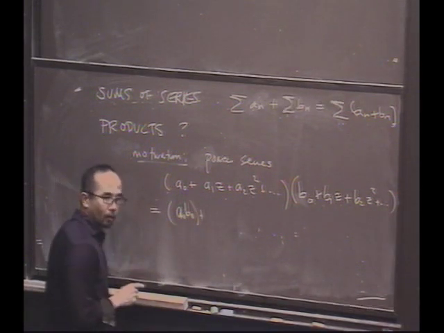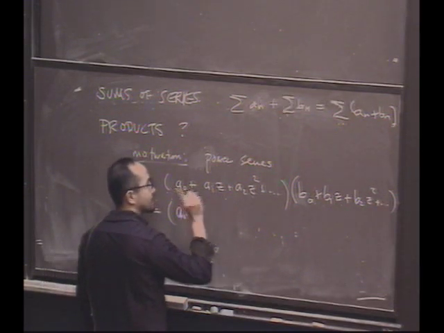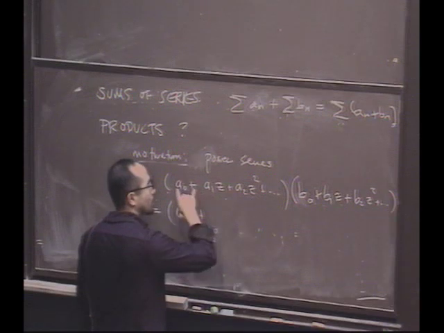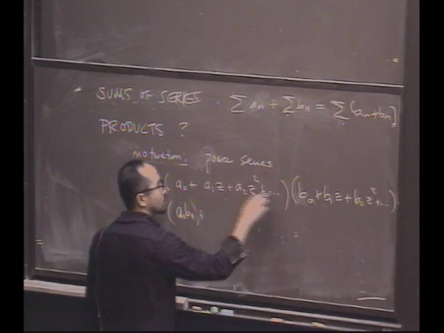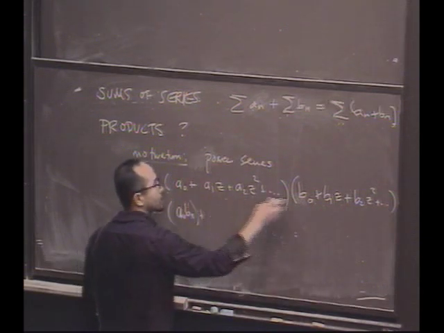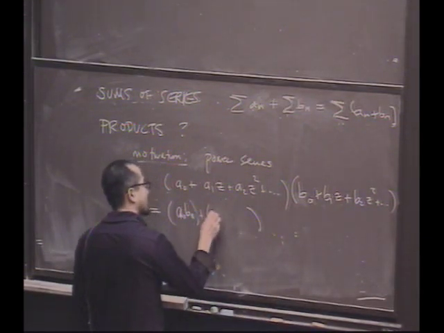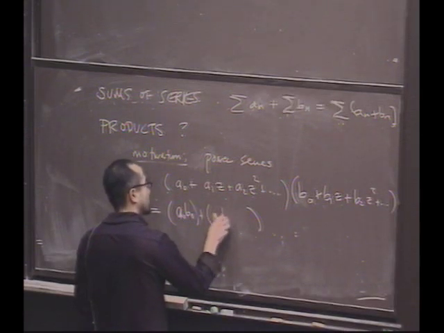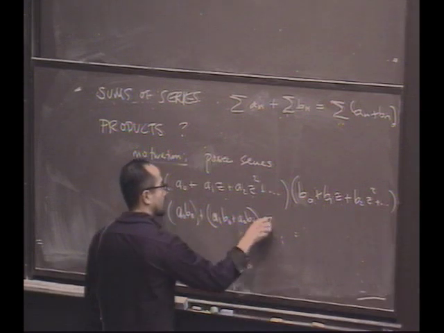What's the second term? It has a single z in it, right? So it comes from a term here and a term here. So that's either a_1 z times b_0, or a_0 times b_1 z. So the second term here is actually (a_1 b_0 plus a_0 b_1) times z.